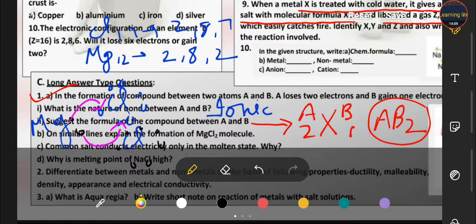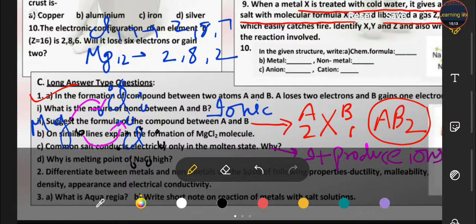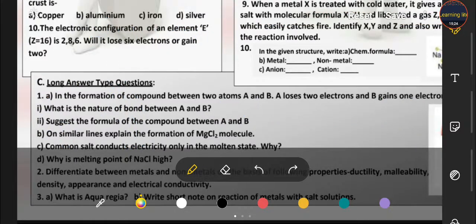Next question, student: common salt conducts electricity in the molten state. Why? Because in the molten state it produces ions, and ions always conduct electricity. Why is the melting point of NaCl high? Because NaCl is an ionic compound, and in an ionic compound there is a strong attraction force.